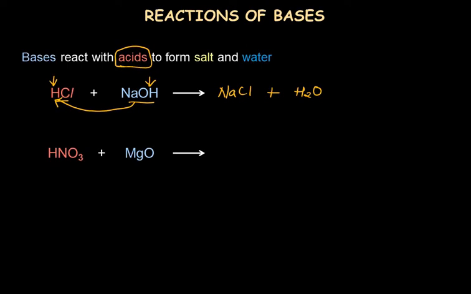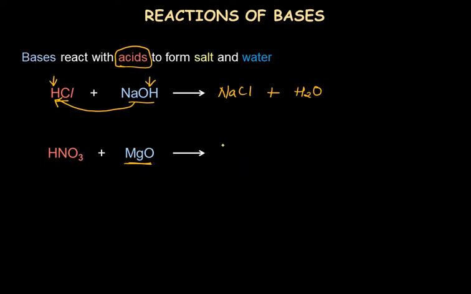Another reaction: here we used sodium hydroxide, which was an alkali, but now if we take a base like magnesium oxide, which is a weak base, and the oxide of a metal is basic in nature, as we already saw in our earlier video, that is also going to react with the acid. So a basic substance can again react with an acid to form salt and water.